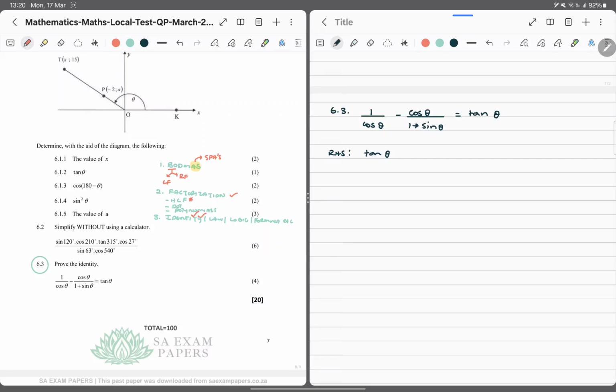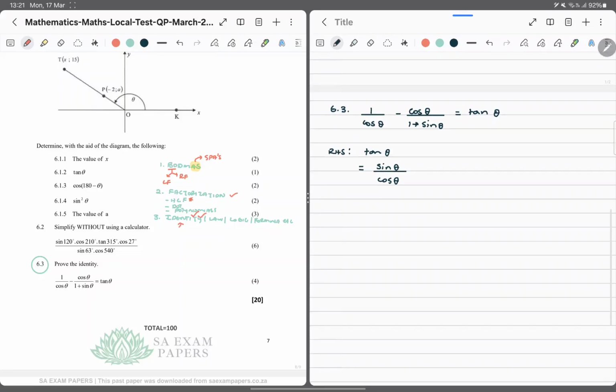So this is tan theta, okay? Now already tan theta is an identity, so we can use our identities. This is sine theta over cos theta. Now a common maths student would get stuck because they don't know what to do from here, right?